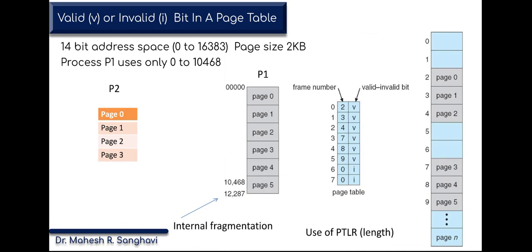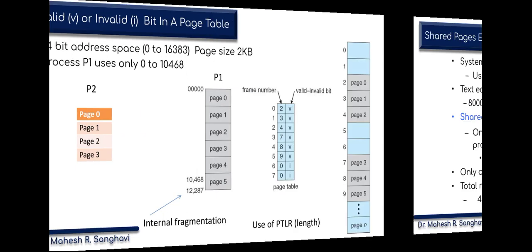If the bit is set, we can say it is valid. If it is 0, we can say it is invalid. And when it is invalid, it means that the page is not in use, so its respective memory will also be made free. That particular frame number will be made free. That's the beauty of this valid and invalid bit.